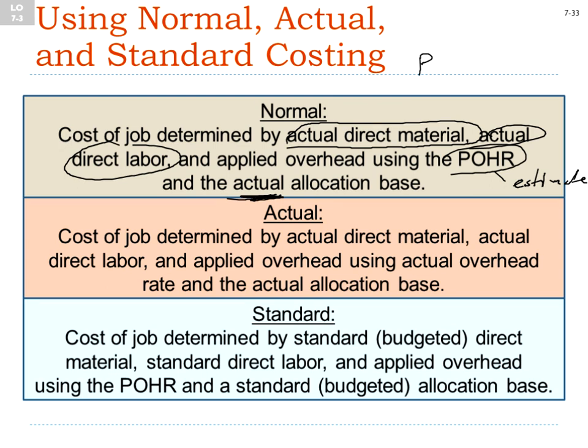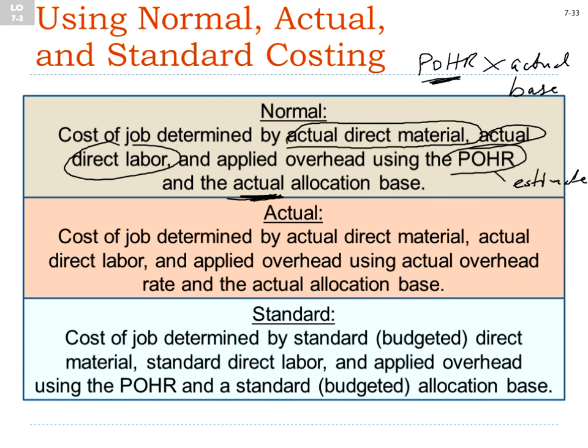So they did the predetermined overhead rate, and they multiplied it by the actual base. Okay, so it's not perfect. There's a little bit of estimation going on under the predetermined overhead rate, but at least they're using the actual allocation base, so it is tied to something concrete.